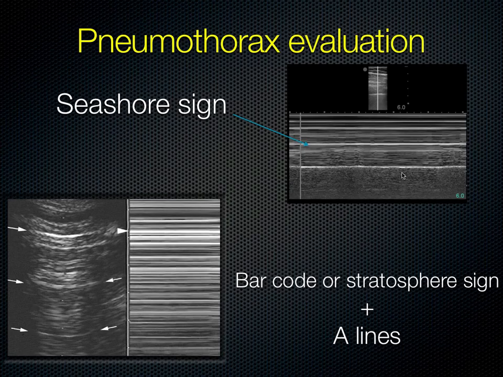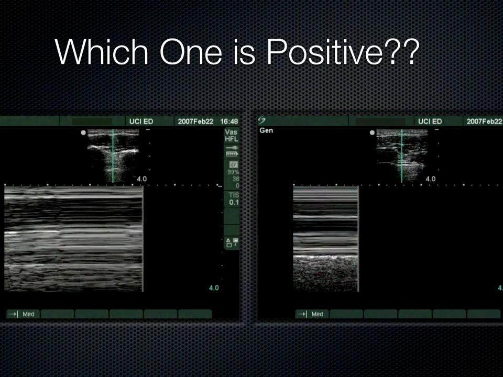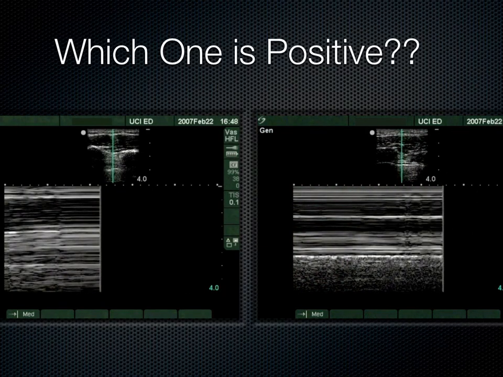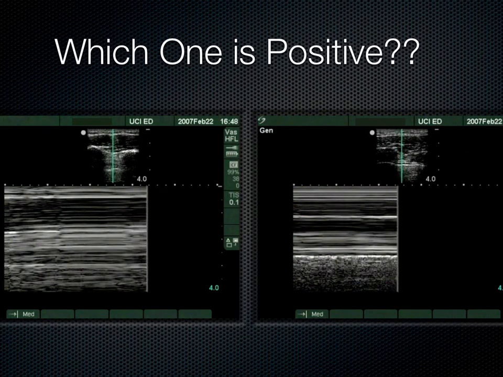Side-by-side comparison of the appearance of a seashore sign with the appearance of a barcode sign, and again, pneumothorax can have A lines but will not have B lines. In this example, which side is positive? Right.